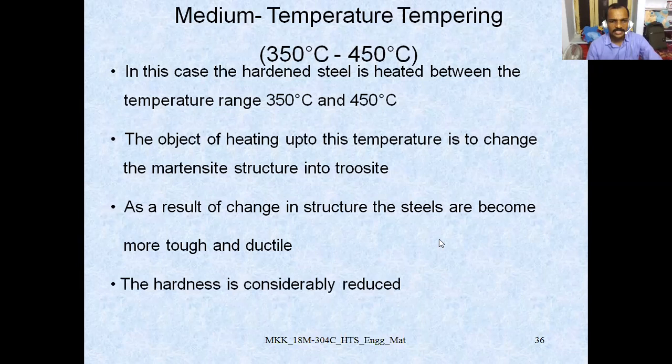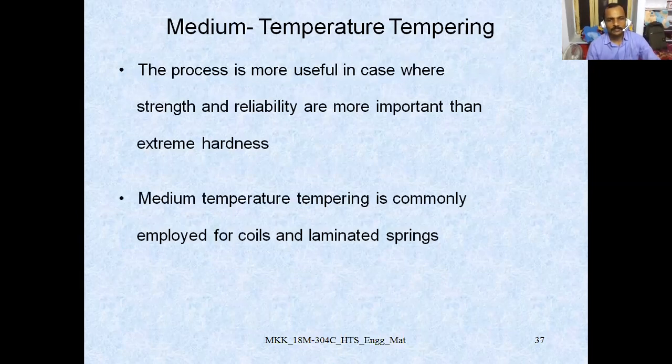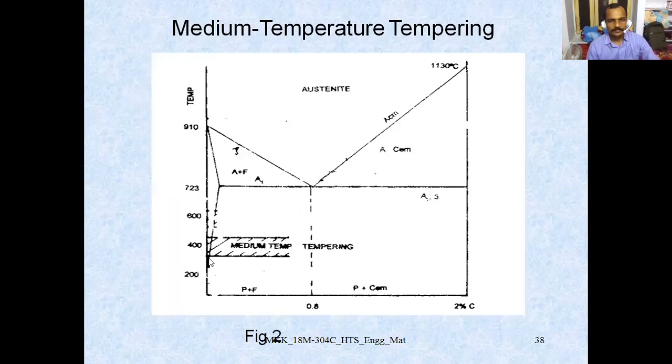The hardness is considerably reduced. The process is most useful where strength and reliability are more important than extreme hardness. Medium temperature tempering is most commonly employed for coils and laminated springs. Here, this is the temperature range of medium temperature tempering.